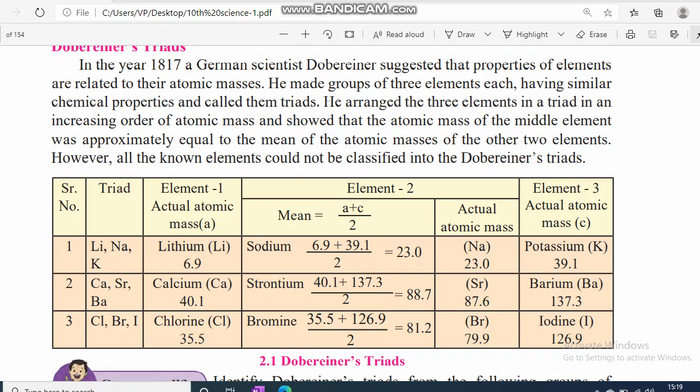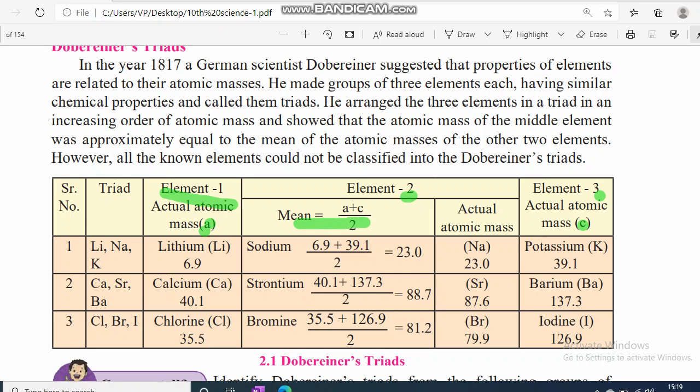Carefully look at this chart. Here we have given element 1, element 2 and element 3. Assume the atomic mass of element 1 is A and of element 3 is C, and here is the average, A plus C upon 2.